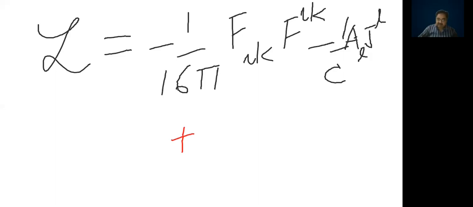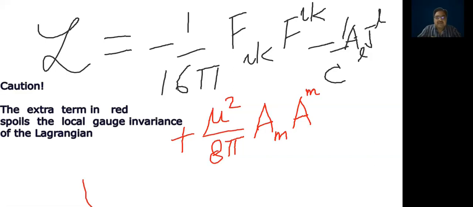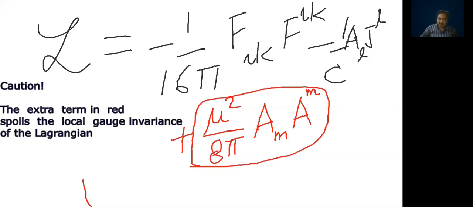That additional term will be given as μ²/8π, and it should be a scalar overall, so you will have here A_m A^m. So what I was telling you is that you can have the mass of the photon included in this term, and this μ takes care of the mass.